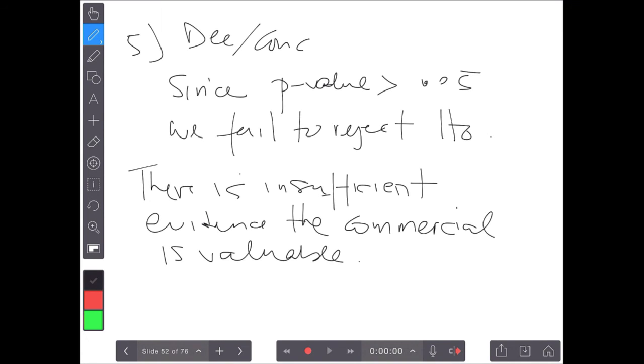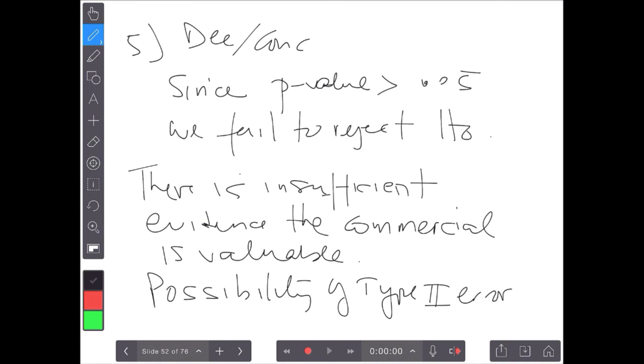All right? And then there's a possibility of type 2 error. We don't know what it is, but we know that there's a possibility of type 2 error. So that basically is the problem in a nutshell.